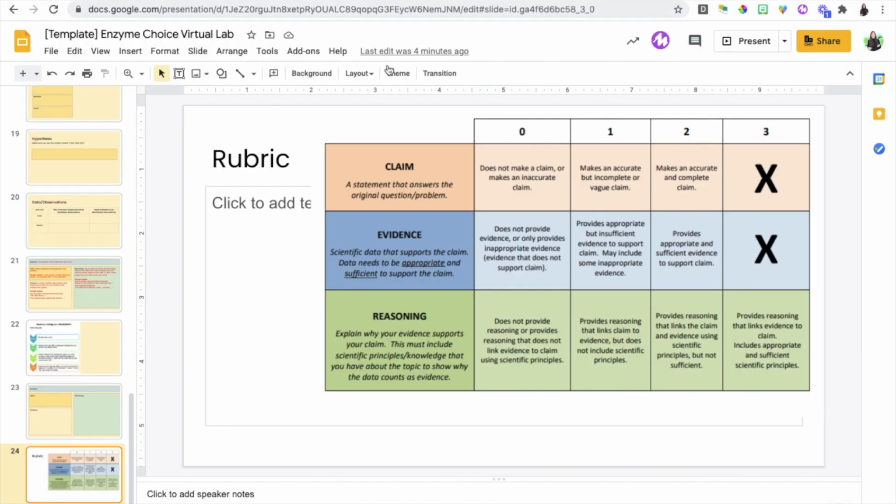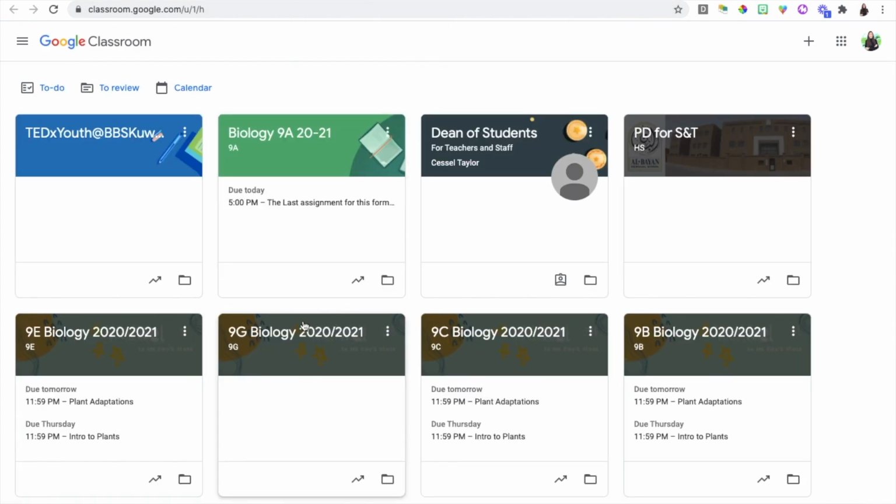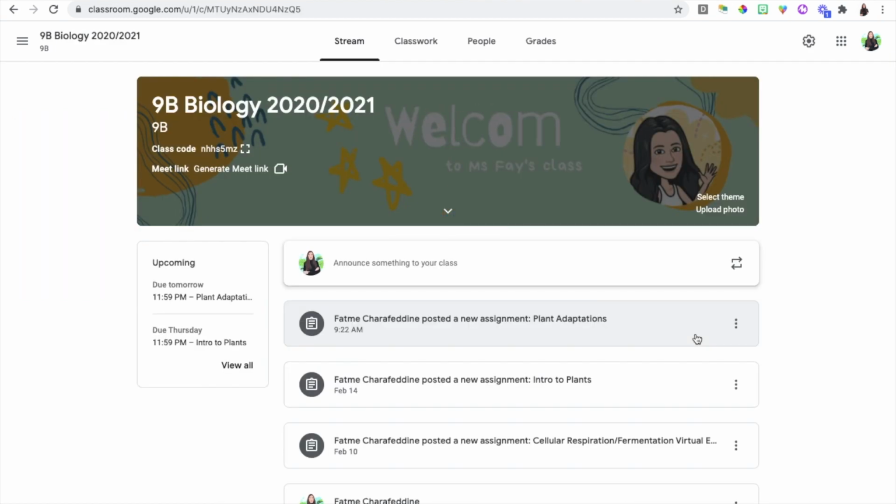So in terms of the rubric or how I assess the students, I always share the rubrics with students ahead of time, so they know exactly how I am assessing them.